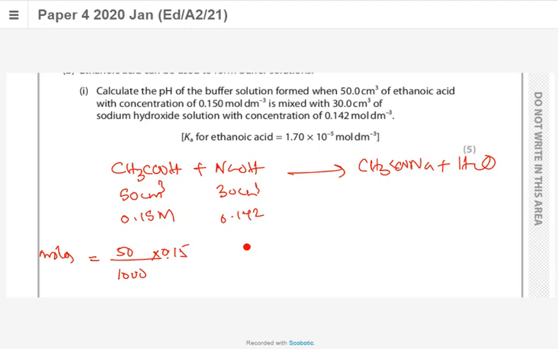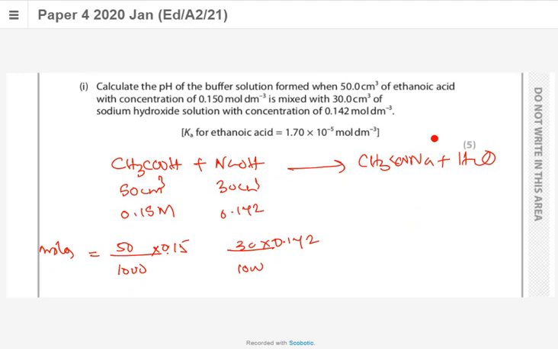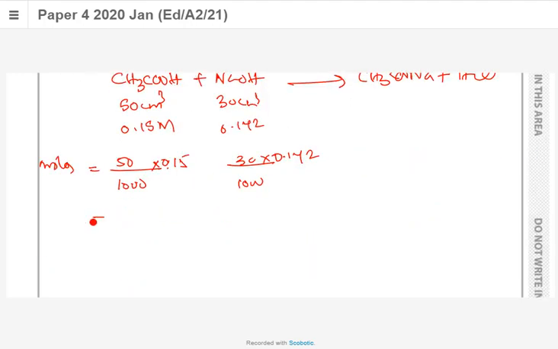Get me the moles of ethanoic acid first, then sodium hydroxide moles. What's the ethanoic acid moles? 0.0075. Sodium hydroxide, 0.00426 moles.